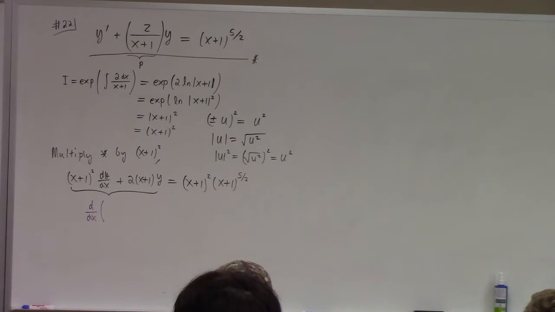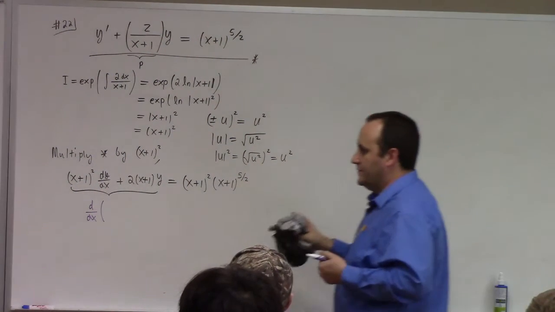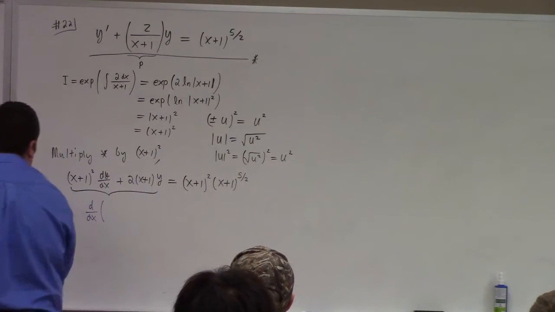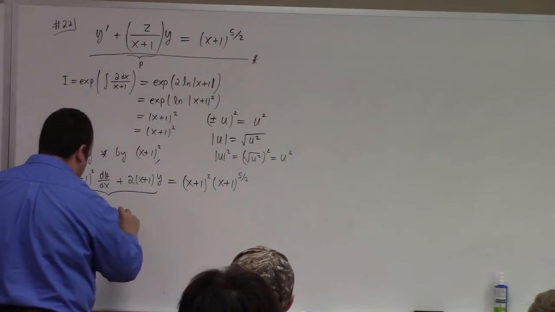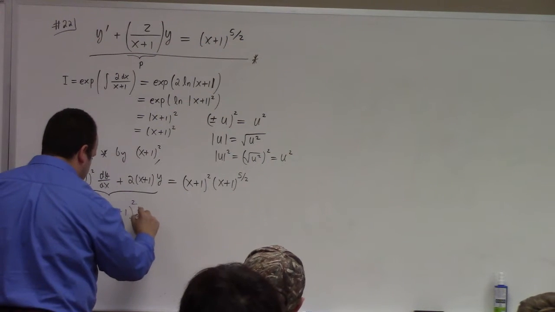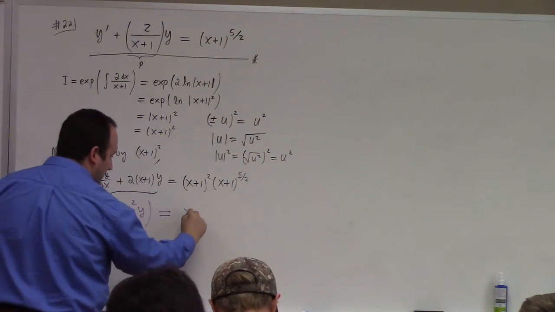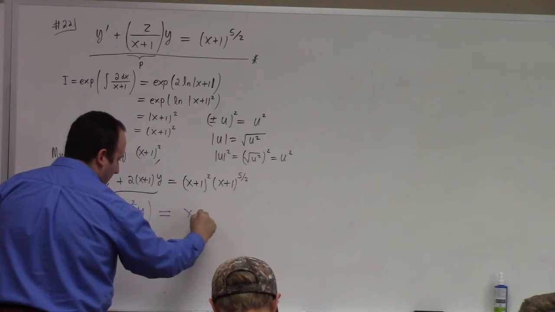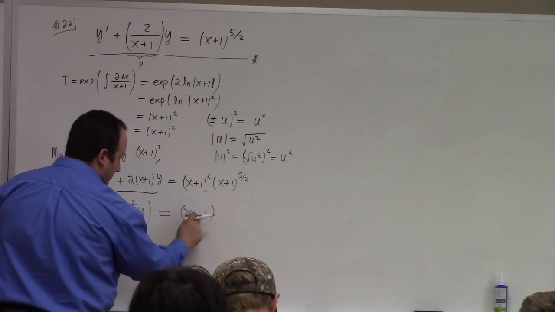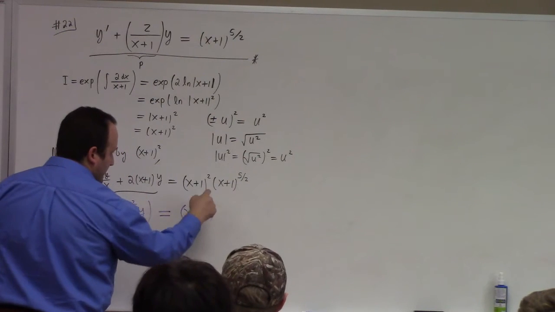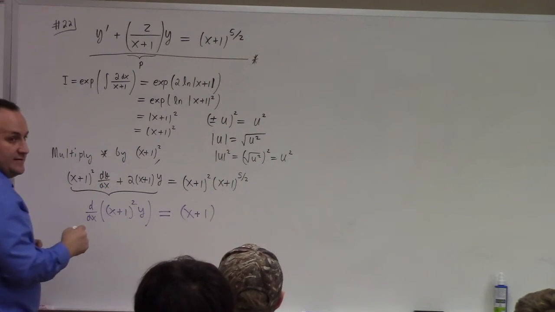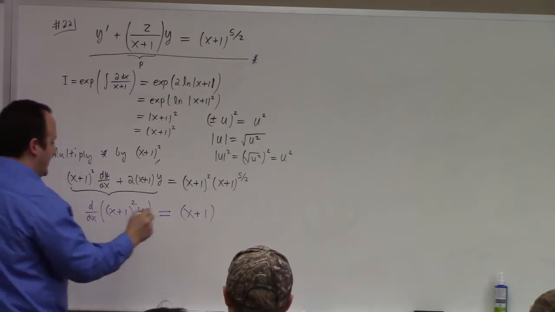What's that? It's x plus 1 squared times y, right? Equals what? We can simplify this too, right? It's x plus 1 to the what? Two is 4 halves, 4 plus 5, 9 halves, yes.